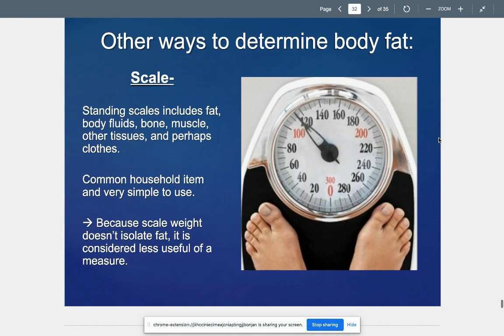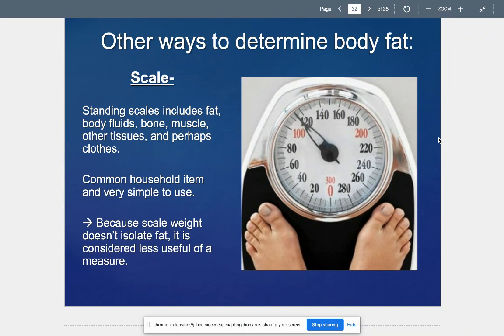So we're going to continue looking at some other ways to determine body fat with a scale. You know, most people have scales in their house, but a scale is going to include fat, body fluids, bone, muscle, other tissues in your body, and maybe even clothes if you're wearing clothes when you weigh. Some people opt not to because they're scared that it'll put more weight on them that they don't want to see.